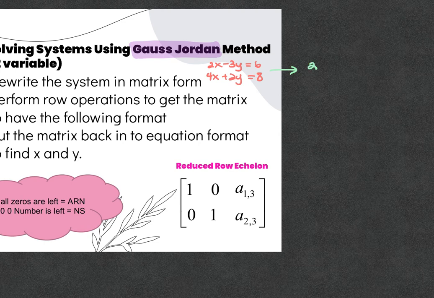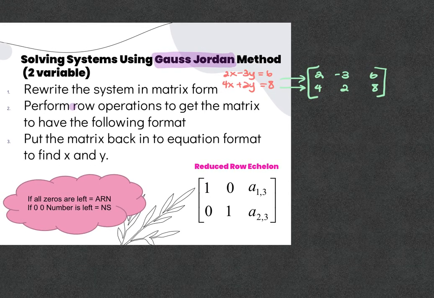It's 2, negative 3, 6: the coefficient on the x, the coefficient on the y, and then the constant. And rewrite the bottom row, 4, 2, 8. So that is the matrix form of that system.